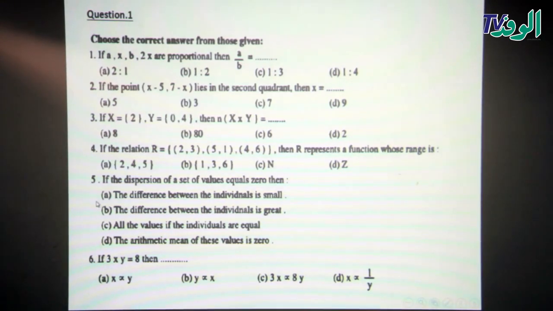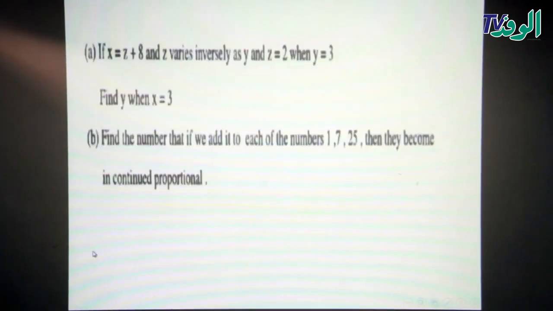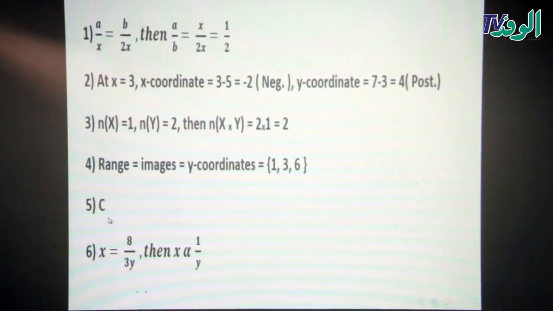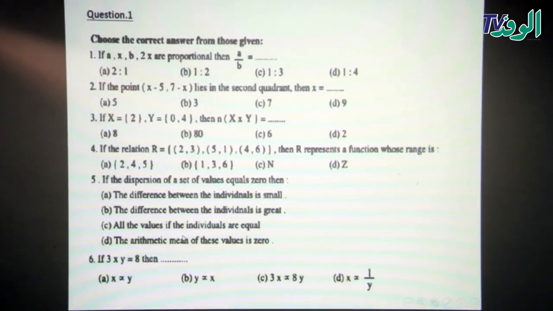Number A, the difference between the individuals is small; the difference between the individuals is great; all the values of the individuals are equal; the arithmetic mean of these values is 0. For the dispersion to come out as zero, if we remember the rule of dispersion, it is the square root of x minus x bar to the power of 2. So for the dispersion to be zero, x bar, which is the mean, must equal any one of the values, and that means all the values are the same. So which choice is it? Let's see the answer together. Choice what? Number 5, here it is, C. Going back: all the values of the individuals are equal.